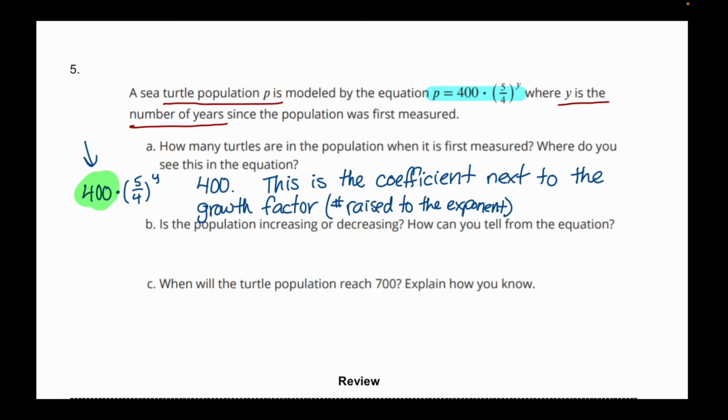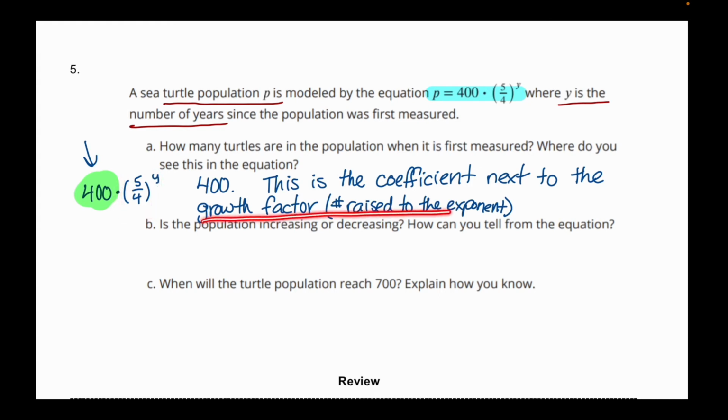Okay, so now we want to know, is the population increasing or decreasing? And how can we tell from the equation? So the 400 is the original amount of turtles in this population. We can tell if this is increasing or decreasing by looking at the growth factor. In this case our growth factor is the 5 over 4, right?